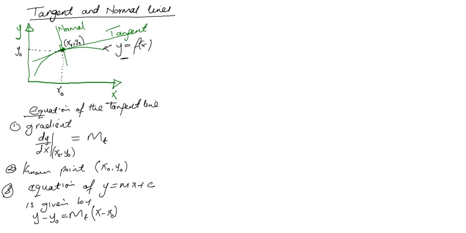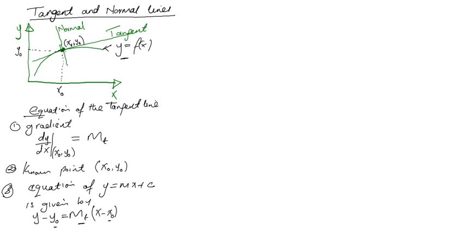It gives you a specific value, mt. Then for you to write the equation of a straight line, you require a known point x naught y naught, and then the way to write the equation of a straight line is to substitute the gradient mt and to substitute the known point x naught y naught.